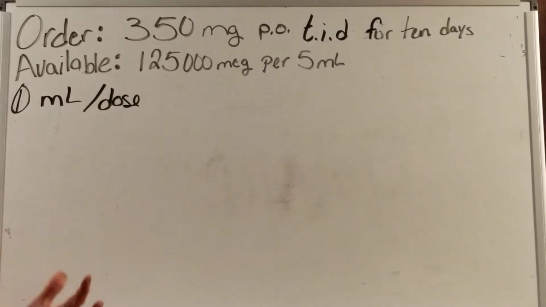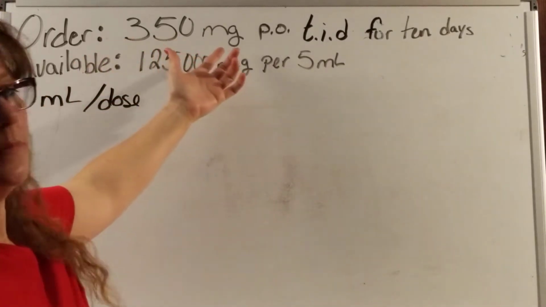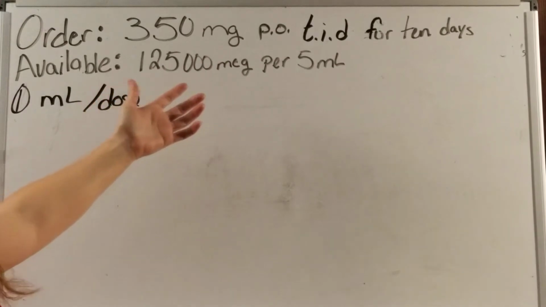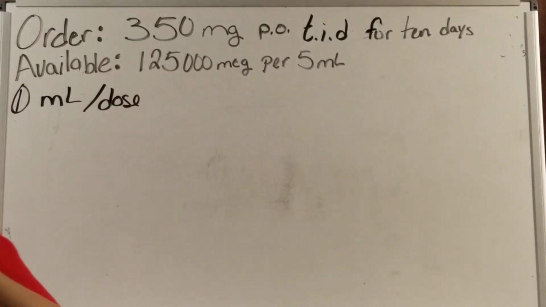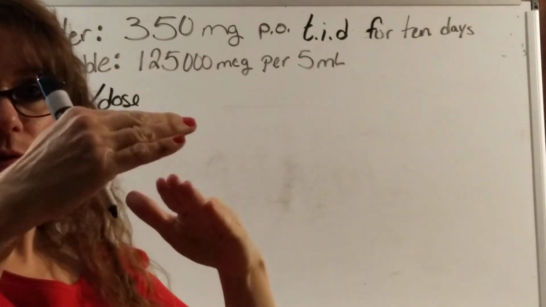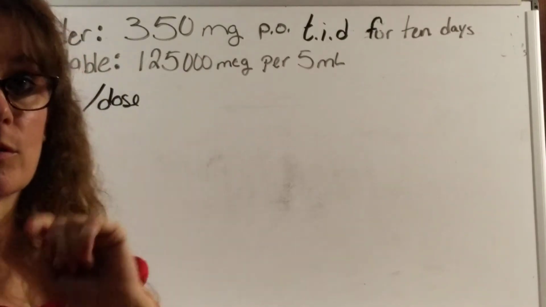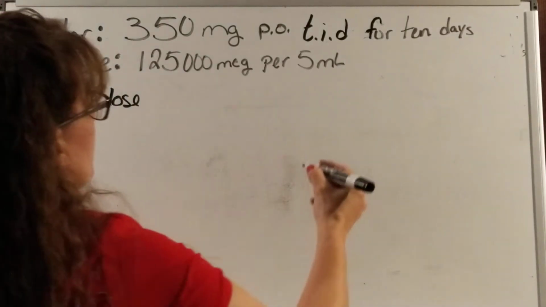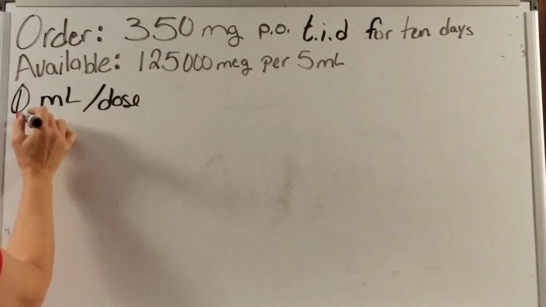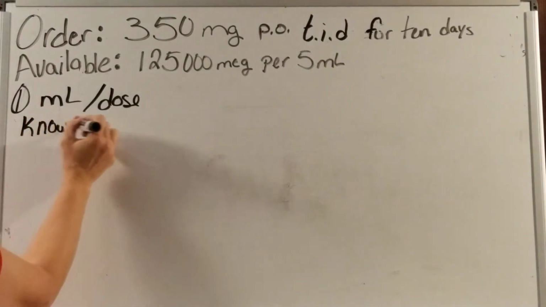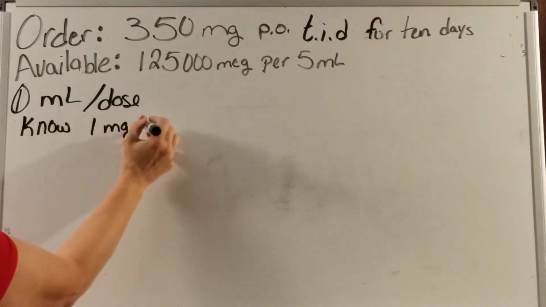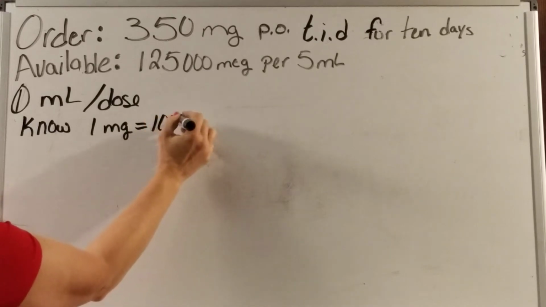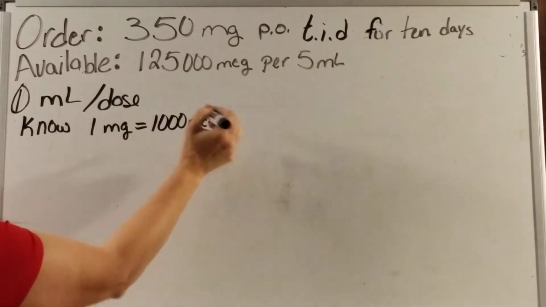Well, when I look at this, I look at the order, I have milligrams versus micrograms, and we know that those units will not reduce with each other, but we do know there's a relationship. I know for every 1 milligram, that is equivalent to 1,000 micrograms.